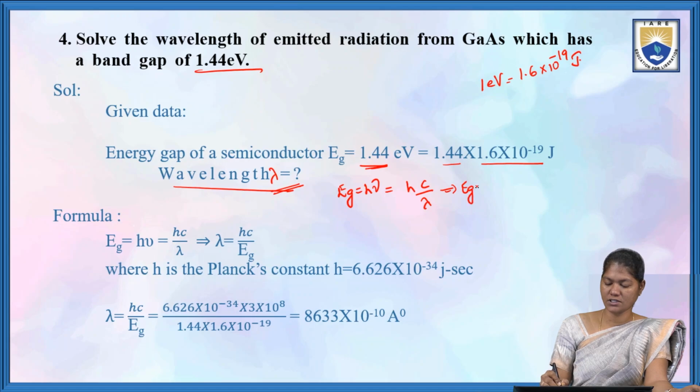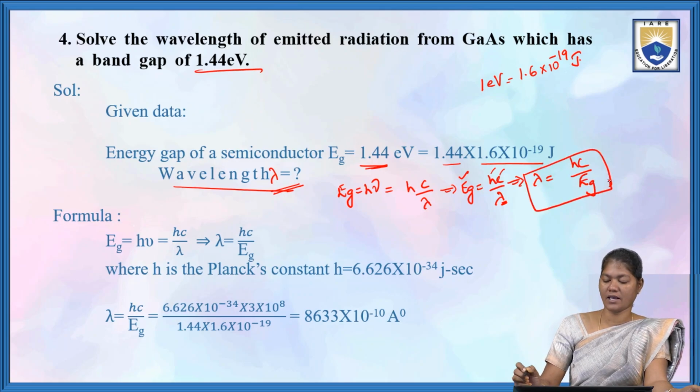Eg has been given and we know Planck's constant and the velocity of light, but we have to calculate lambda. So lambda is equal to hc by Eg.